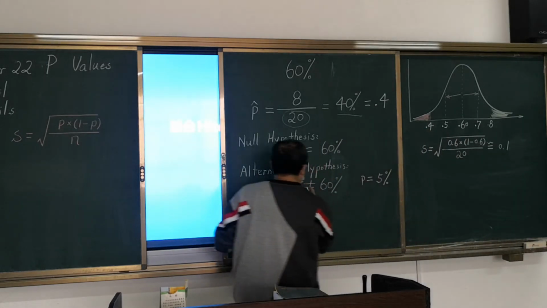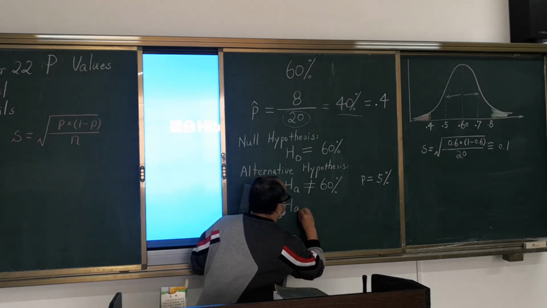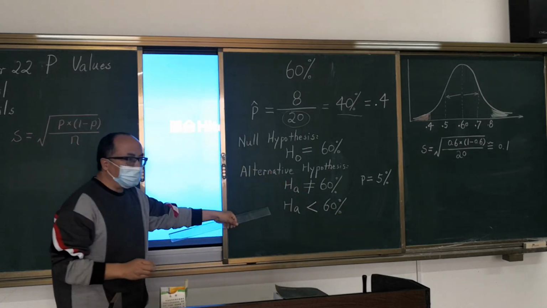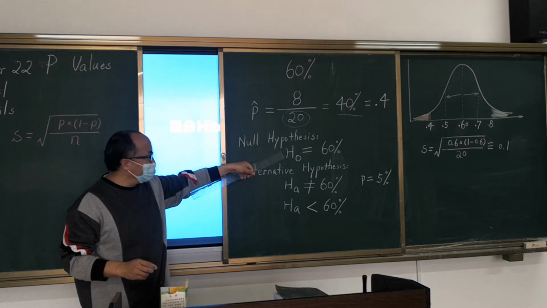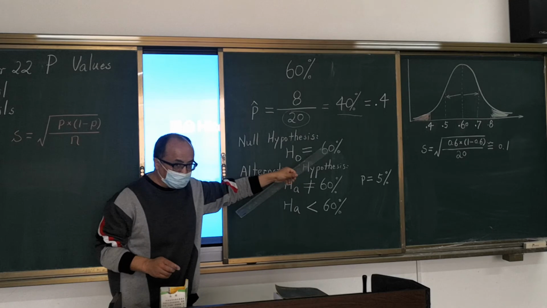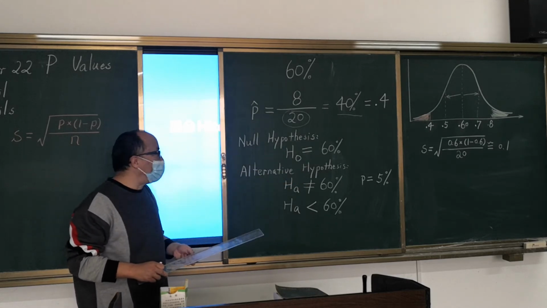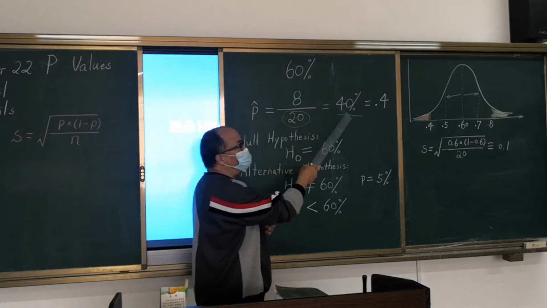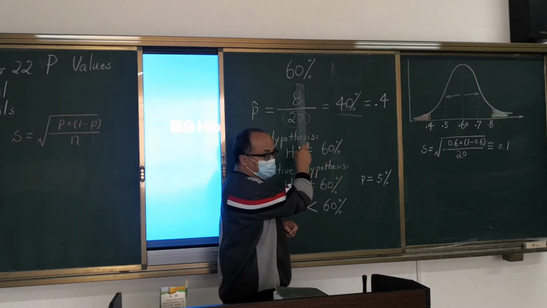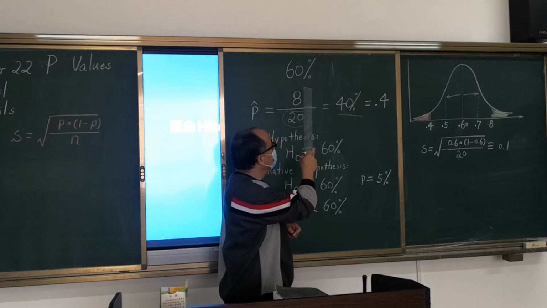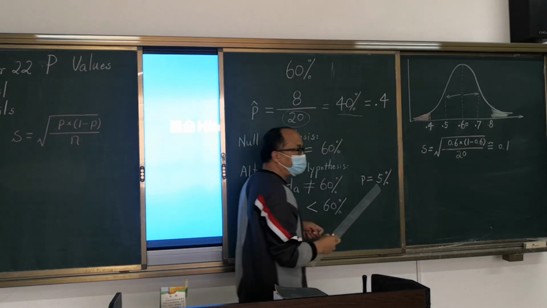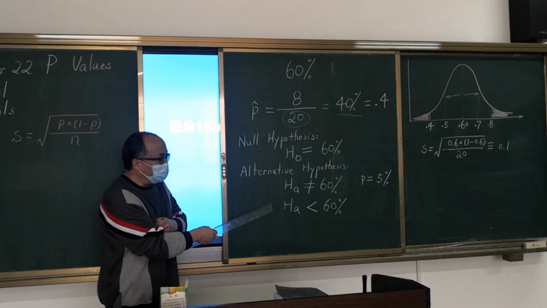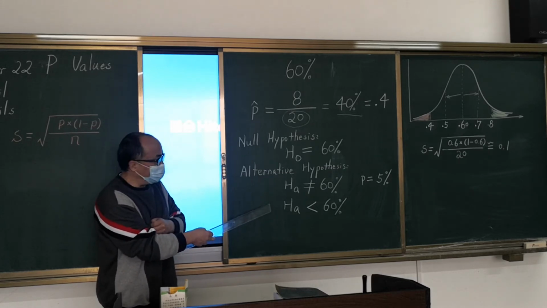The alternative is his true performance is less than 60%. In the beginning, we're assuming he indeed is 60%. For the alternative, there are two ways. One way is two tails, meaning he could be worse, he could be less, or he could be too humble. Another is we just say his true performance is less.